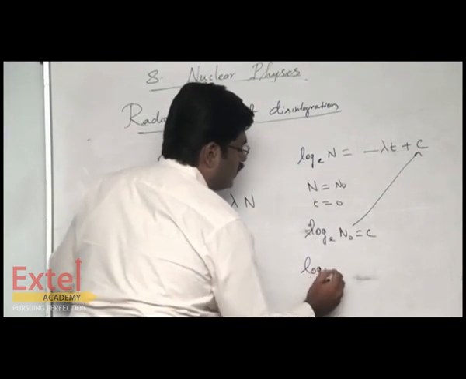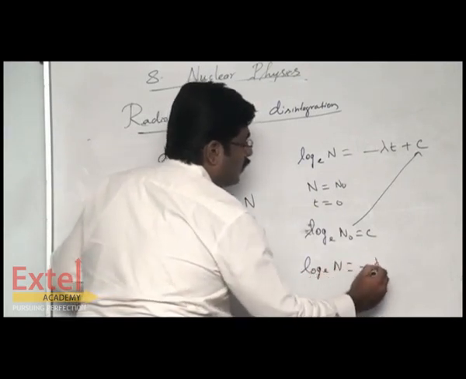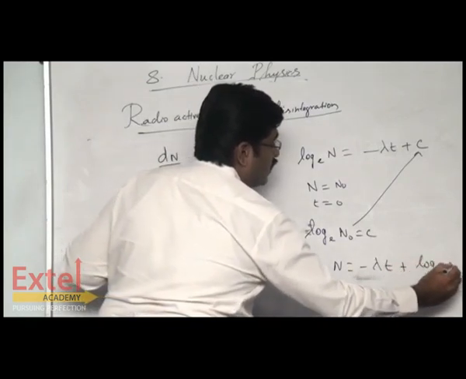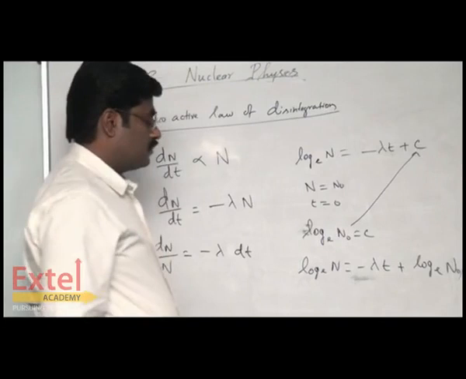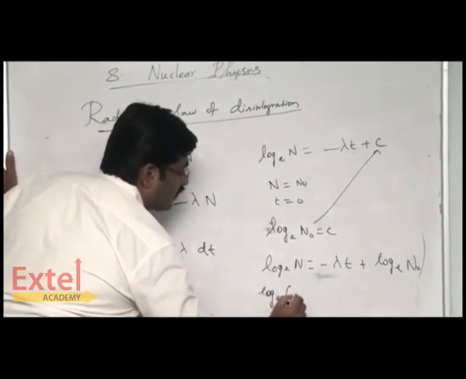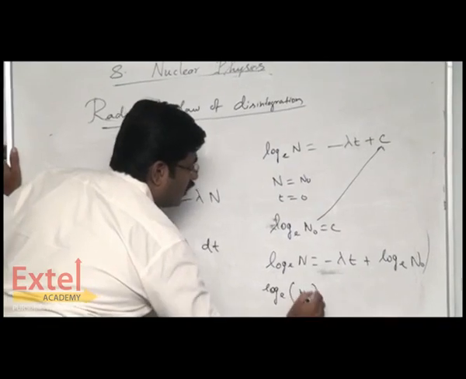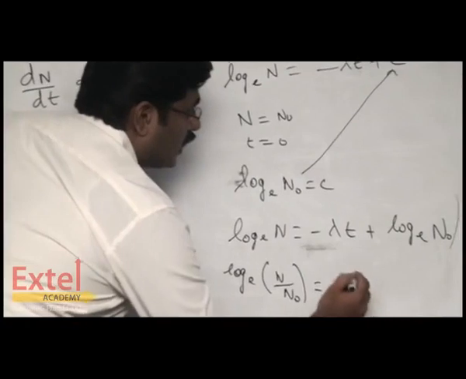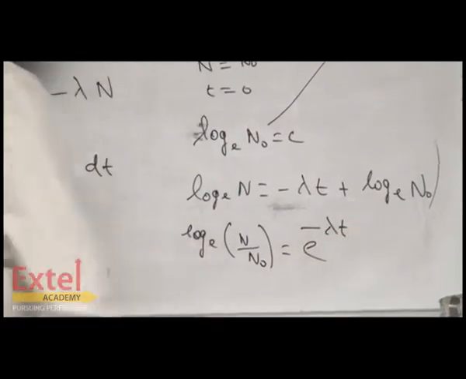log to the base e N is equal to minus lambda t plus log to the base e N naught. Then you can say log to the base e of N by N naught, and the right hand side expression can be expressed as an exponential power of minus lambda t.